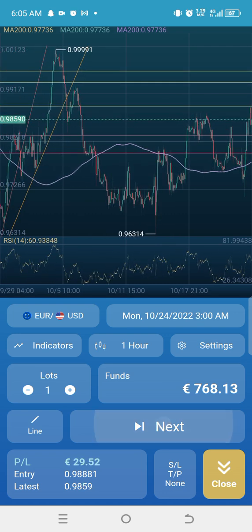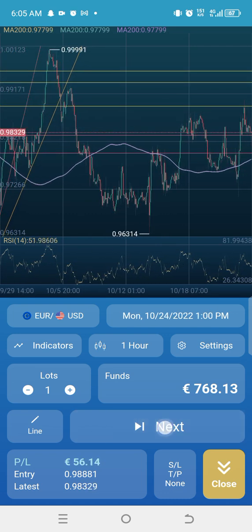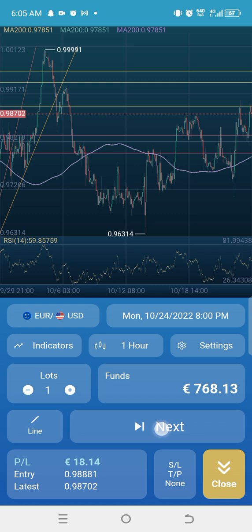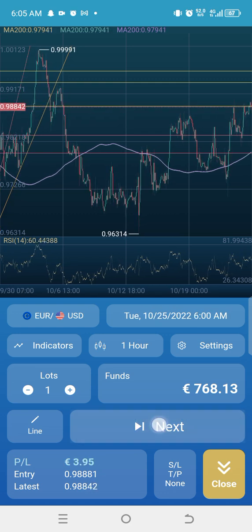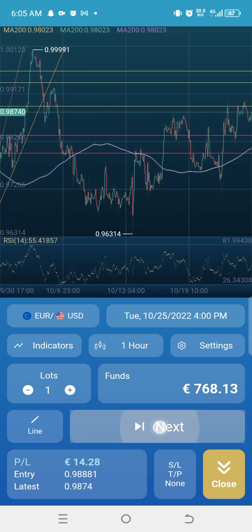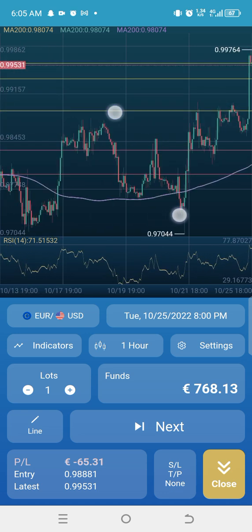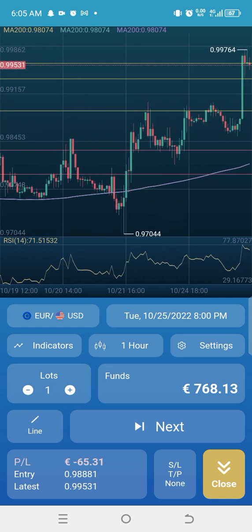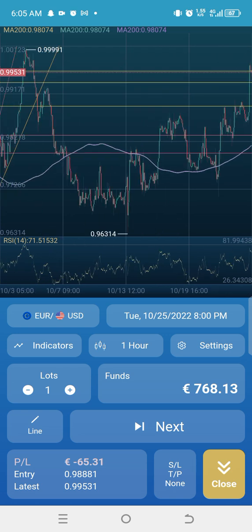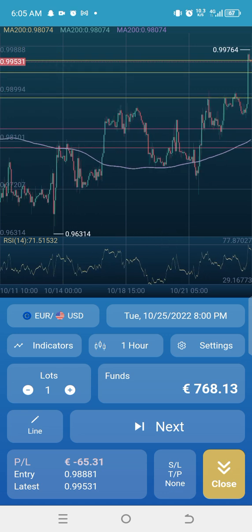Okay, price was going up. Alright, price went up and hit my stop loss. So that's why you have to have different profit targets. But I follow my strategy in that I'm confident in it.